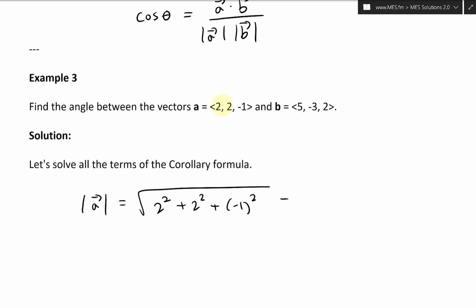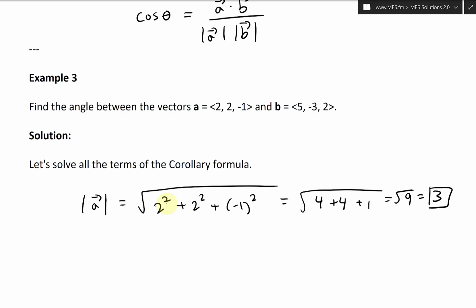So 2 squared is 4, plus 4, and then plus 1. So 8 plus 1 is 9. The square root of 9 equals 3. All right, that's that one.